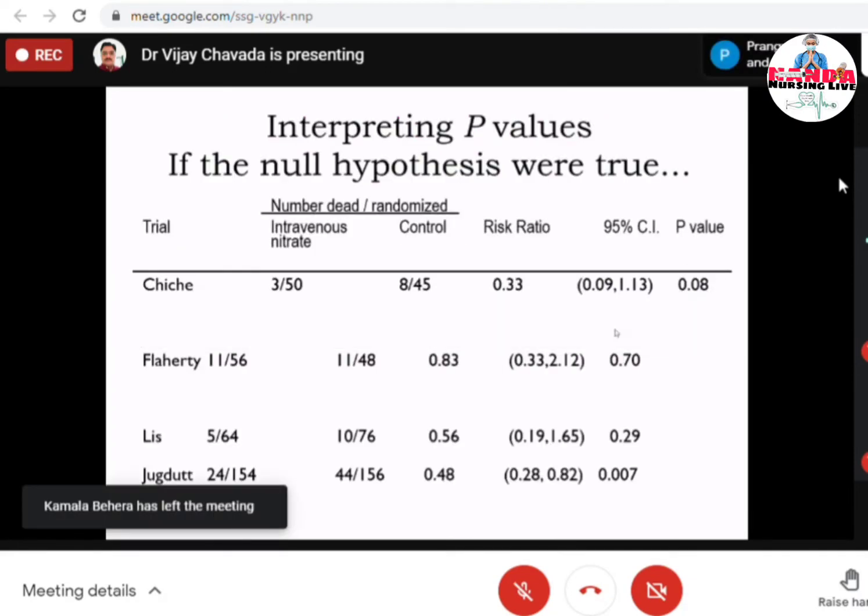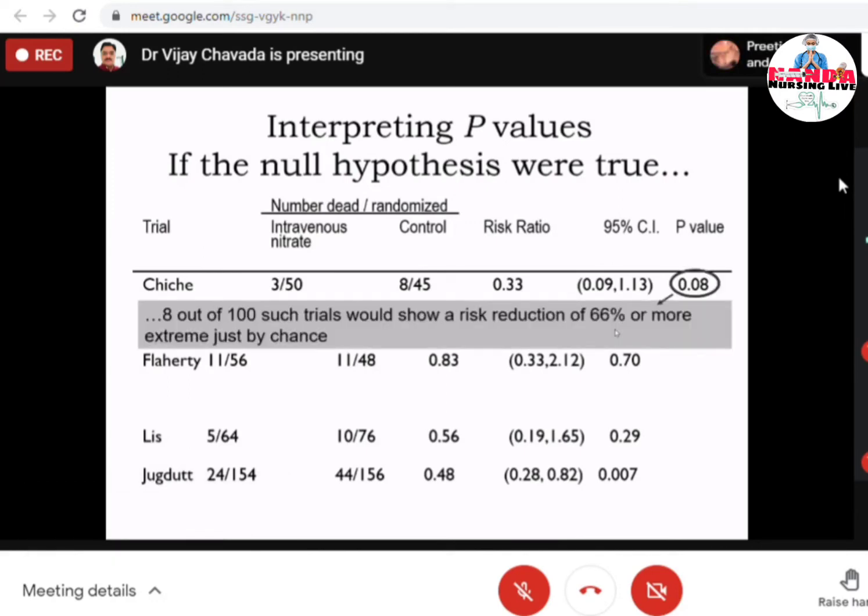Here, look at this. This is an example of how to interpret the p-value if the null hypothesis is true. So 8 out of 100 such trials would show a 66% reduction, because the risk ratio calculated here is 0.33, so there is a reduction, or more extreme just by chance.